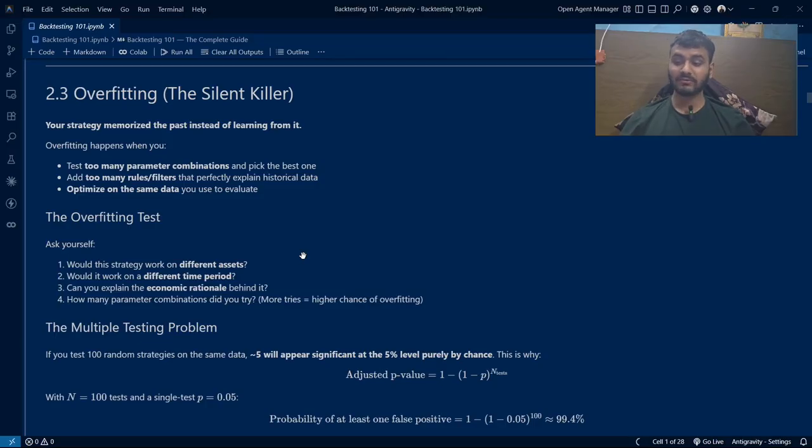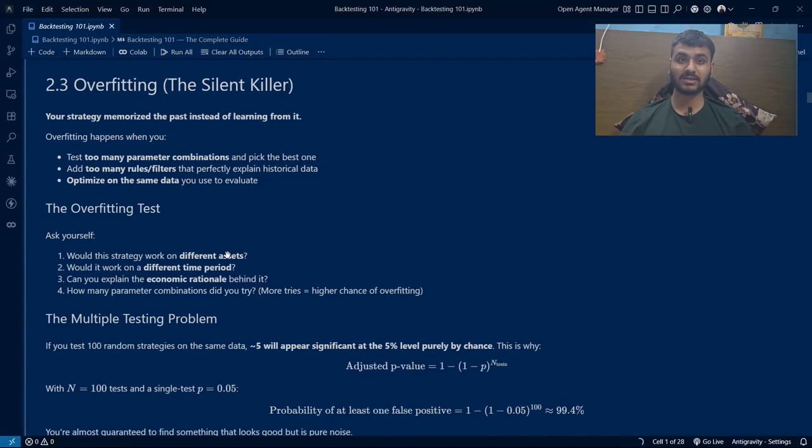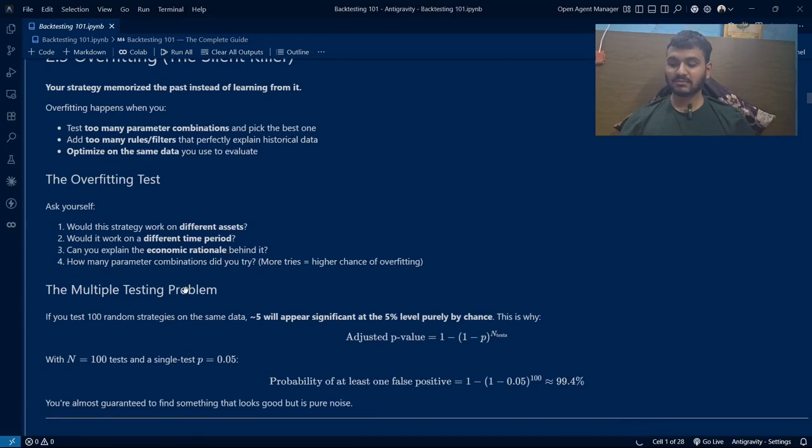Adding too many rules and filters that perfectly align with your historical data is also overfitting. So is optimizing on the same data you use to evaluate, basically not doing a split test or walk-forward. The overfitting test, commonly, is: would this strategy work on different assets that show similar behavior?